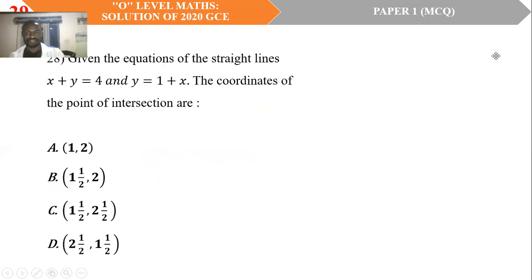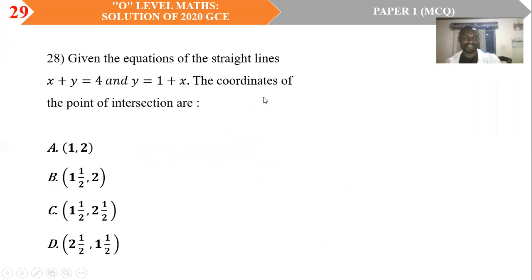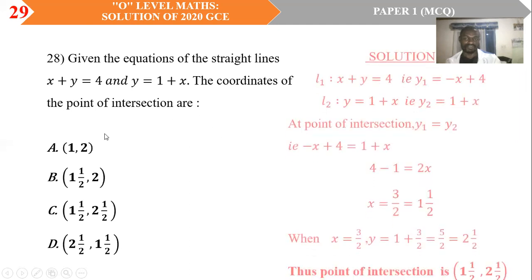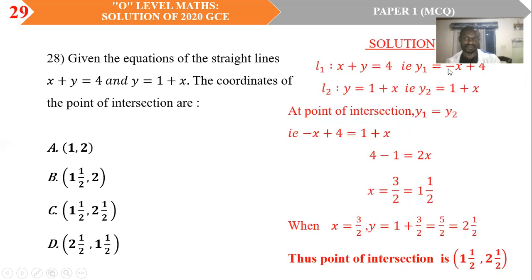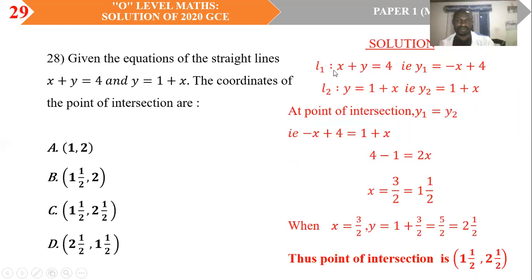Question 28. Given the equations of the straight lines x plus y equals 4 and y equals 1 plus x, the coordinates of the point of intersection are... Solution. L1 is such that x plus y equals 4, that is, y1 is equal to -x plus 4.